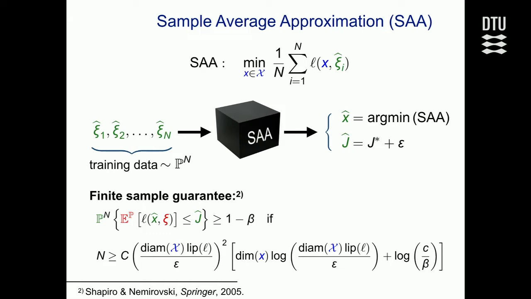So in order for this guarantee to hold, we need some assumptions. First of all, we need that the feasible set script x is bounded, so that the diameter of the set is finite. And we also need that the loss function is Lipschitz continuous in x uniformly across all xi. Okay, so these are some technical conditions that you need. But let's put that aside.